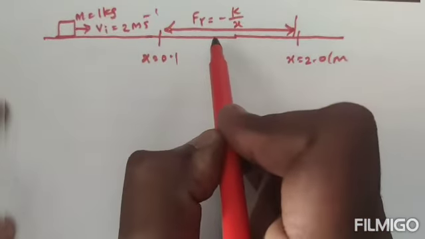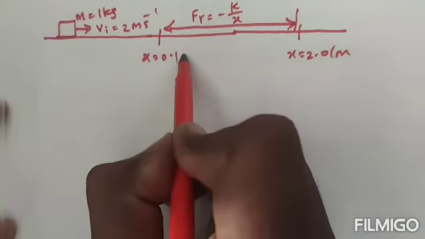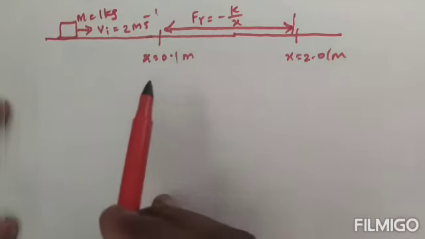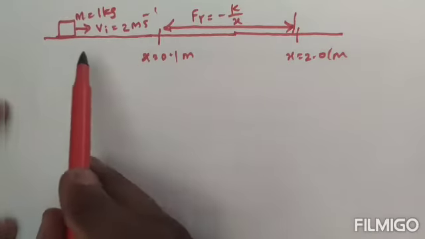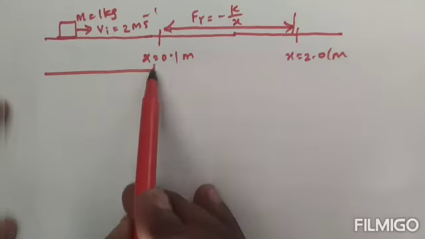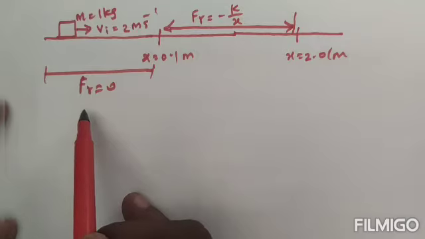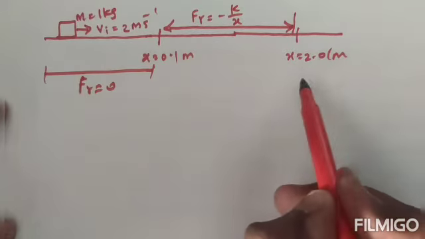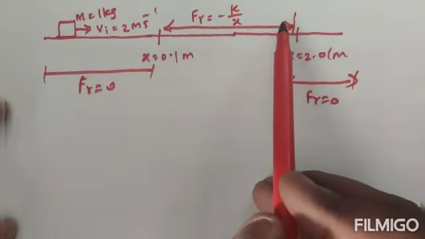This is given in the question with the limit of 0.1 to 2.01 meter. Then less than 0.1, on this side there is no frictional force, that is Fr is equal to 0. Then greater than 2.01, on this side also the frictional force is 0. So friction is available only in between this gap.